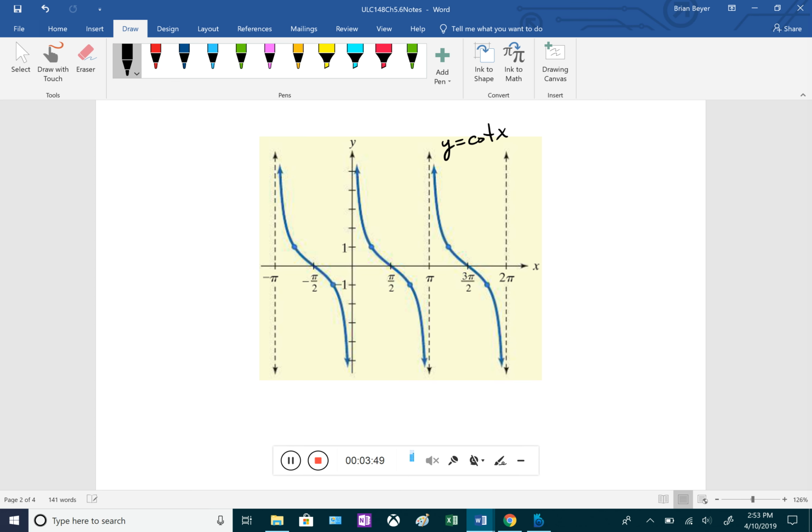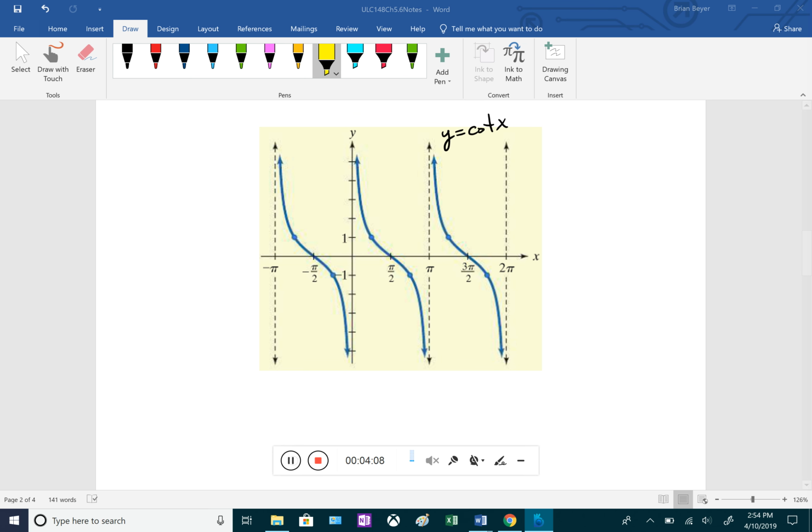You can see what it looks like. It looks pretty similar in shape to tangent. We can see the x-intercepts at the odd integer multiples of pi over 2. We have the vertical asymptotes at integer multiples of pi, and we can see that one full cycle is a period of pi radians.